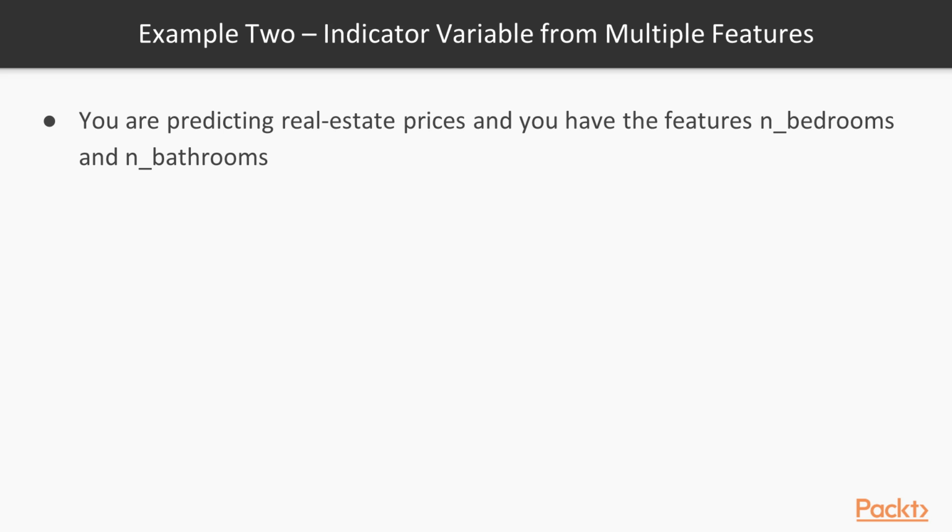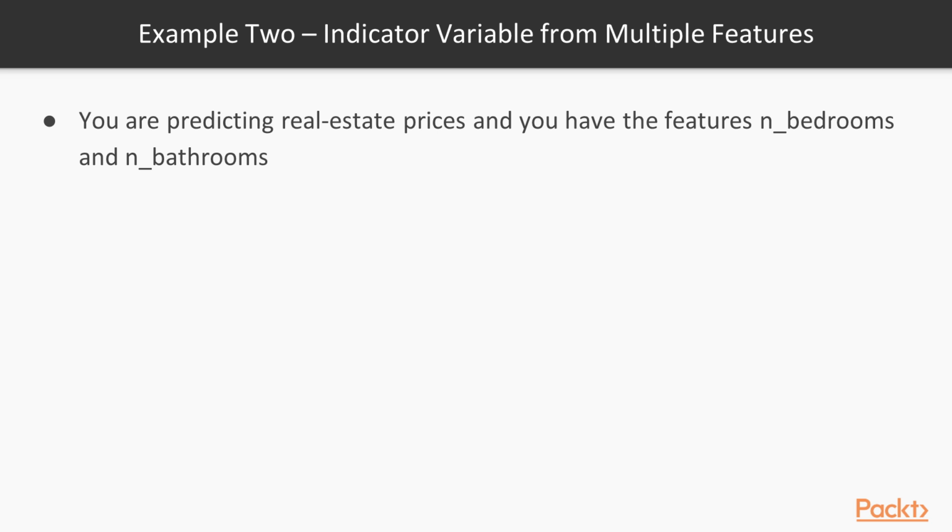The second example is an indicator variable from multiple features. For example, we can have a data set of real estate prices, and every real estate property can have multiple features. For example, one of them could be the number of bedrooms, and the second one could be the number of bathrooms. Also, there could be price, location, and so on.